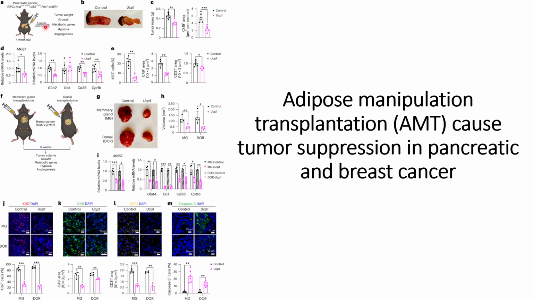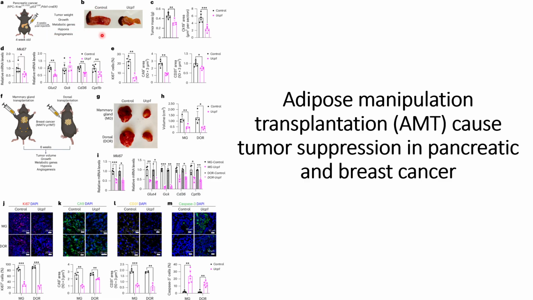One thing that I forgot to tell you is that once they triggered these pancreatic cancer mutations, they injected adipose which can upregulate the UCP1 gene. And six weeks after these adipose injections, they checked these parameters: tumor weight, growth, metabolic genes, hypoxia, angiogenesis.